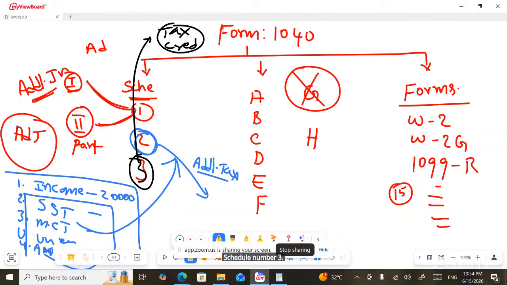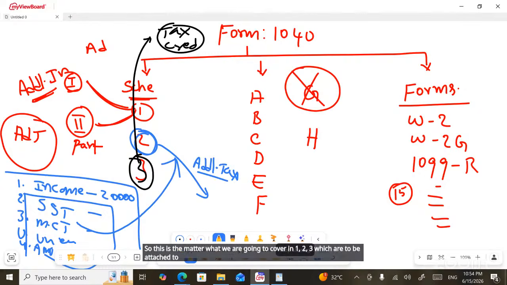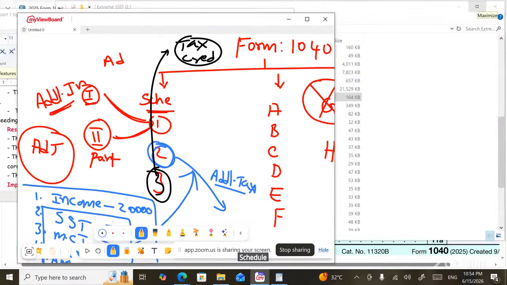So, schedule 1, adjustments. Schedule 2, additional taxes. Schedule 3, tax credits. This is what we are going to cover in 1, 2, 3, which are to be attached to the main document, form number 1040.